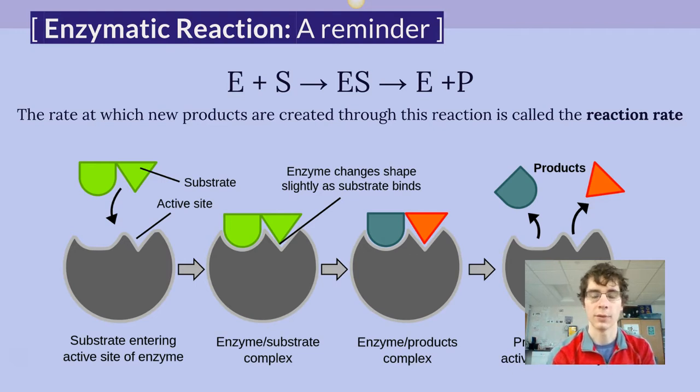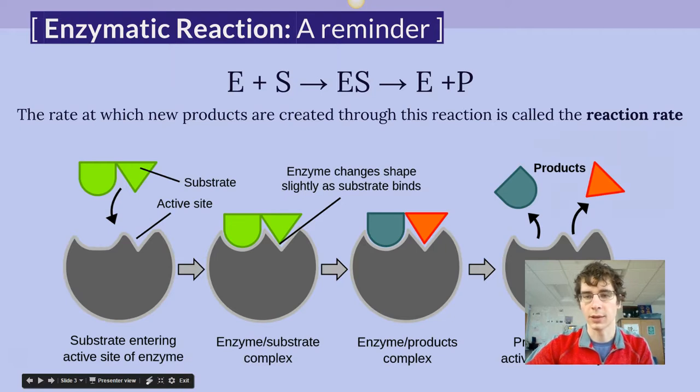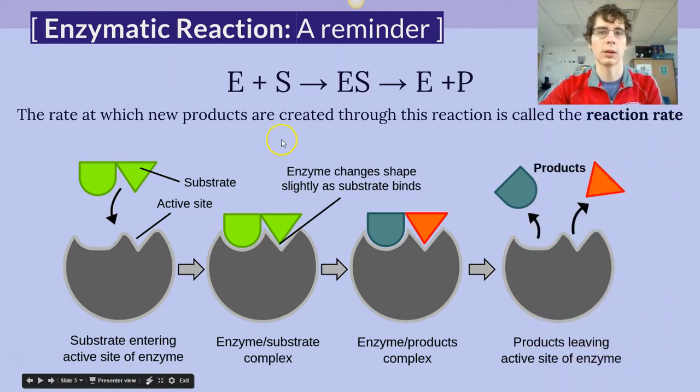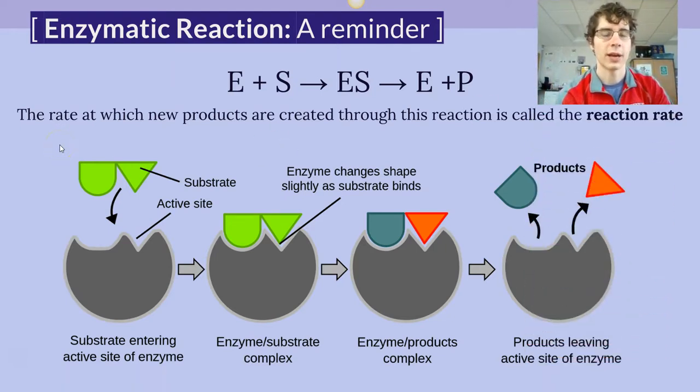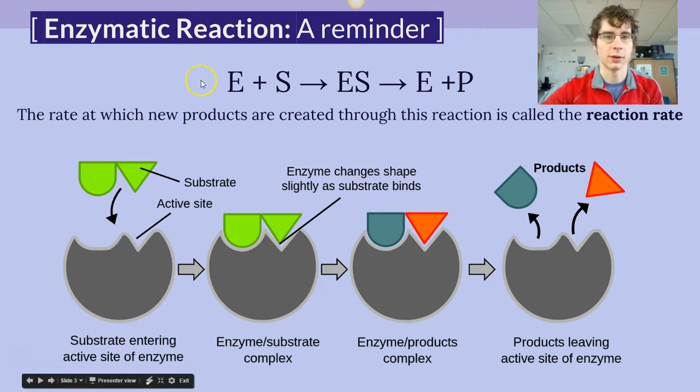Okay, a reminder about enzymes. We have covered this already, but just so we're all clear, an enzymatic reaction happens like this. We have the enzyme, denoted by E, interacting with the substrate, denoted by S. E plus S goes to the enzyme substrate complex, which will then undergo a reaction.